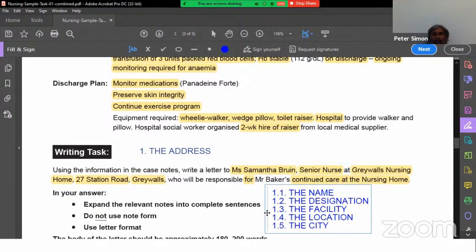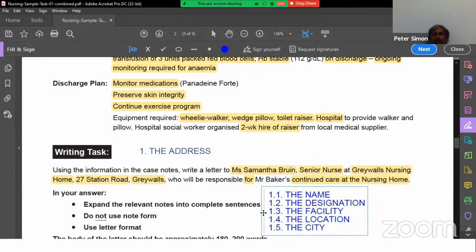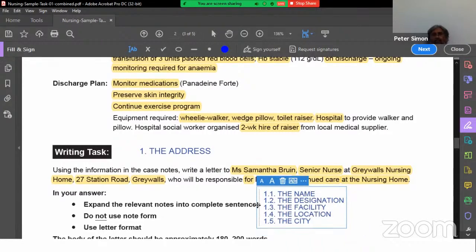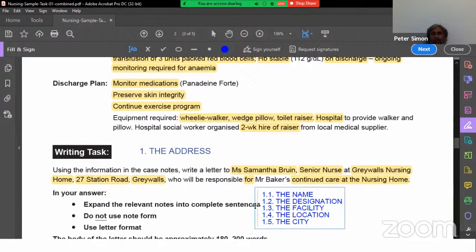So these are the 5 different things you will write here. What are these 5 different things? You'll get them here.